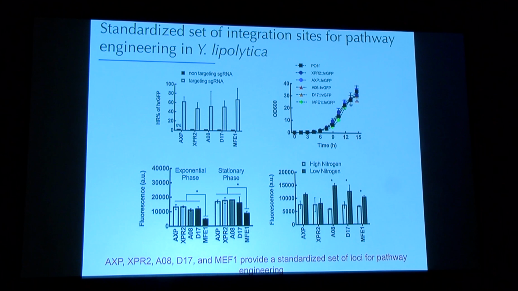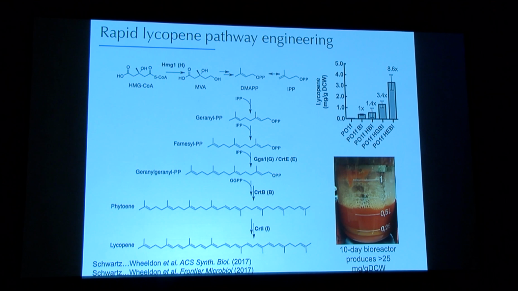So to demonstrate this tool, or to show that we can actually do something reasonably useful with it, we went about as quickly as we could to design an optimized pathway for lycopene production. These 5 sites allowed us to put in 4 different heterologous genes or an extra copy of a couple homologous genes and then some others necessary to make lycopene.